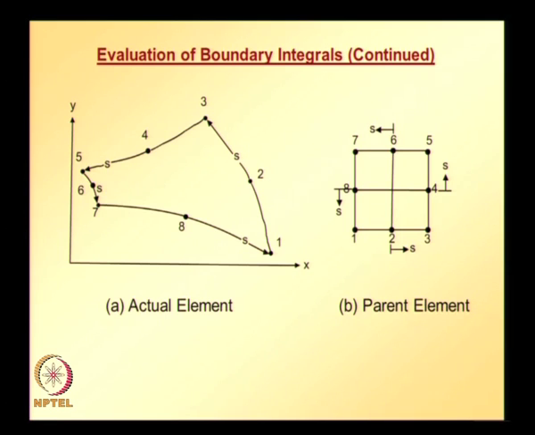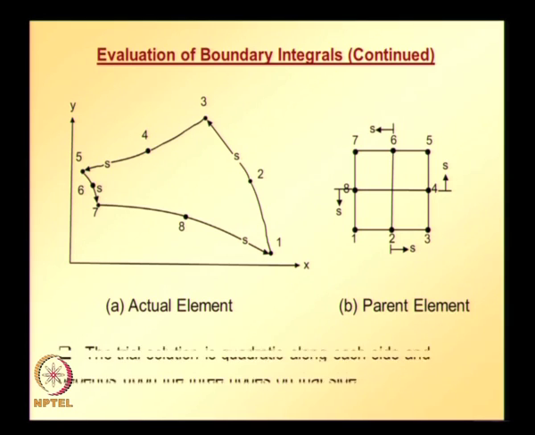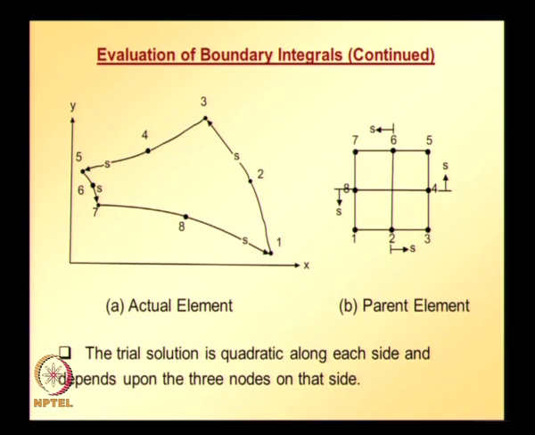actual element, parent element. And if you see, there are 3 nodes along each side. So the trial solution now is going to be quadratic along each side and depends upon the 3 nodes on that side.